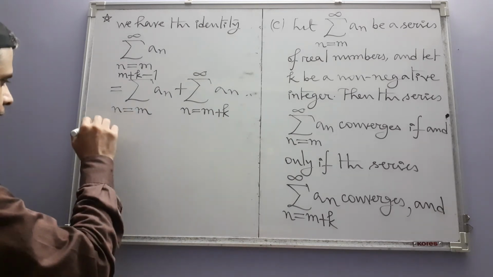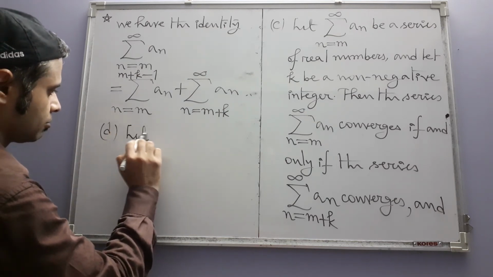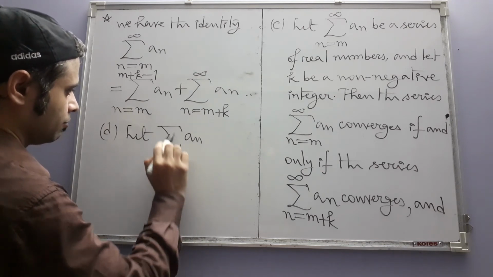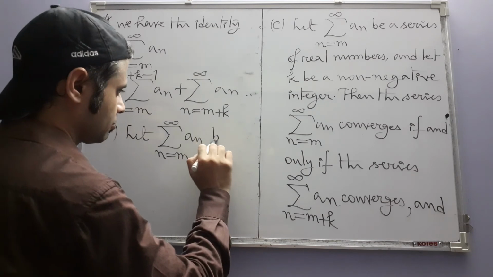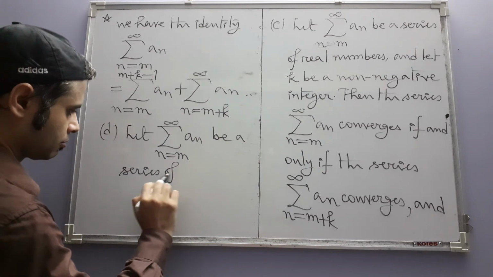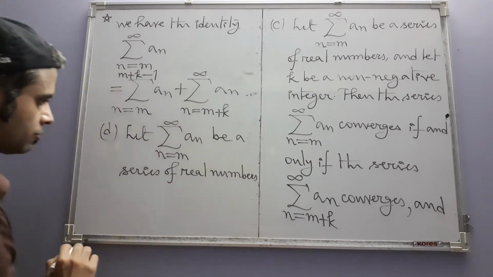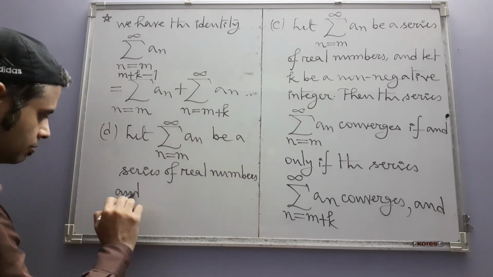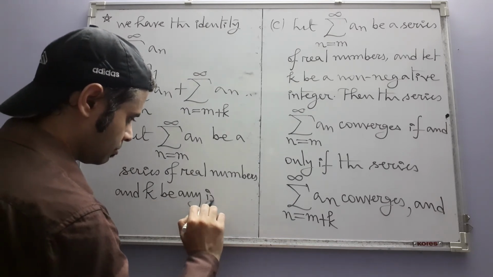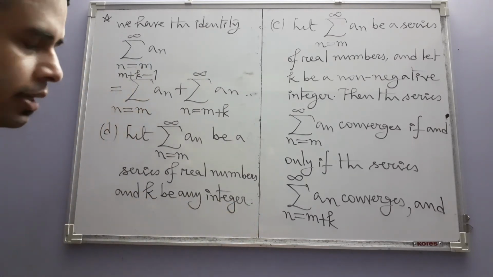And finally we have part D. Let summation an, n varies from m to infinity, be a series of real numbers and k be any integer. So k is not necessarily non-negative, k can be negative also.